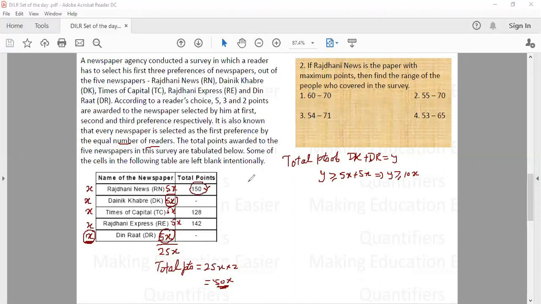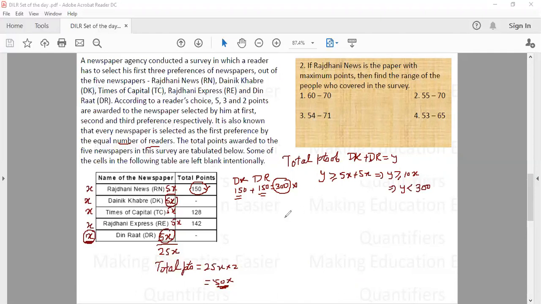That means DK and DR cannot get 150 each, because their total would be 300. That means Y cannot be 300. So the value of Y, although it is greater than or equal to 10x, also is less than 300.